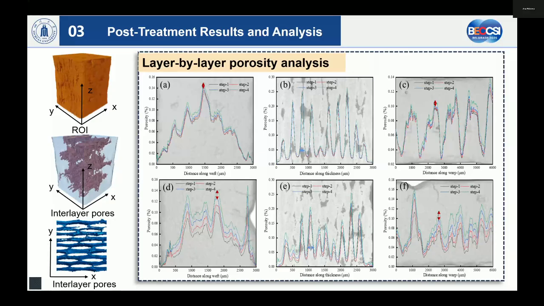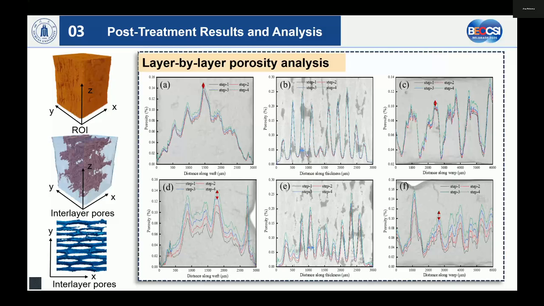temperatures. Figures A, B, and C show the conditions at room temperature. Figures D, E, and F show the conditions at high temperature. The height of the resulting peak is proportional to the porosity of the respective slice, while the peak width reflects the number of consecutive slices containing large defects.